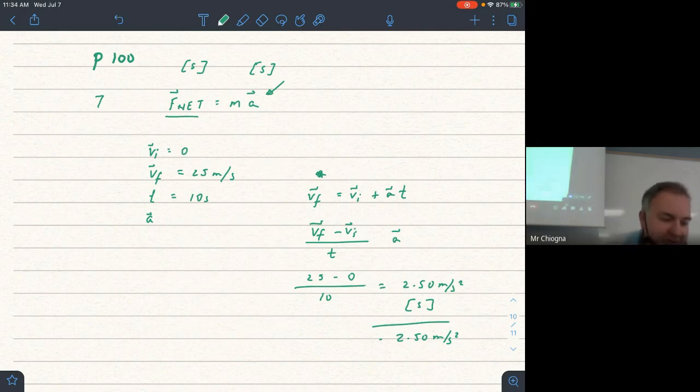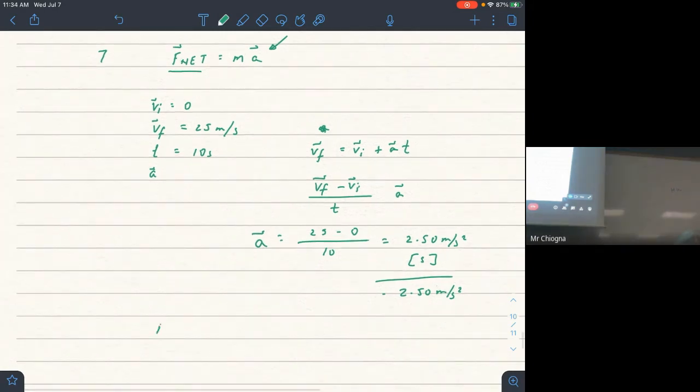Well, I'm going to keep 3 sig figs for now, and then I'm going to use it to calculate the force, which will be rounded to 2. If it's a 2-step problem, you can, in this case, find an answer in 3 sig figs. F net is equal to ma.